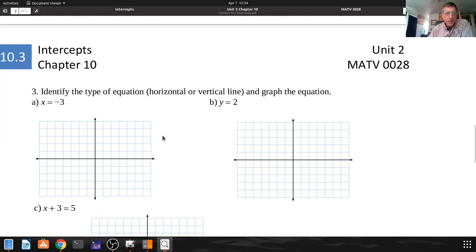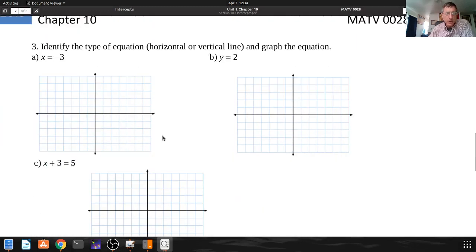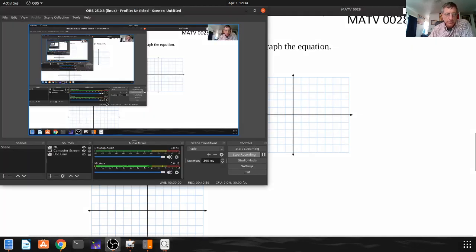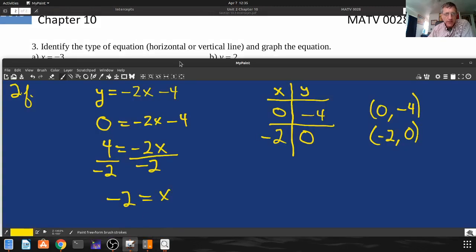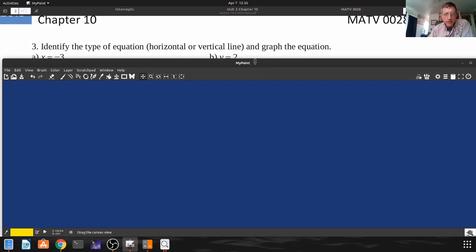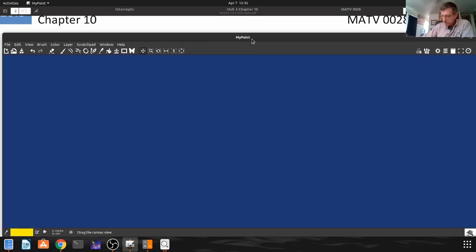So now let's identify the type of equation. So let me just remind you of some stuff that I talked about yesterday. And you might want to get out your notes.